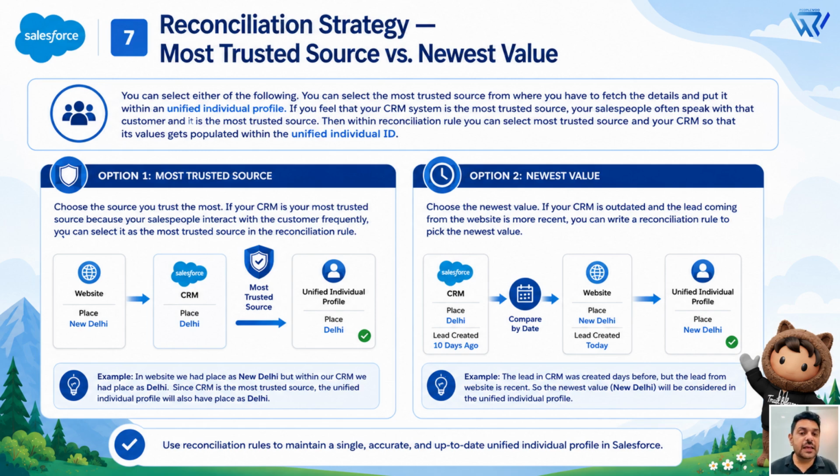The other thing you can consider is which value is the newest value. Within your reconciliation rule, you can write the rule to pick the newest value.